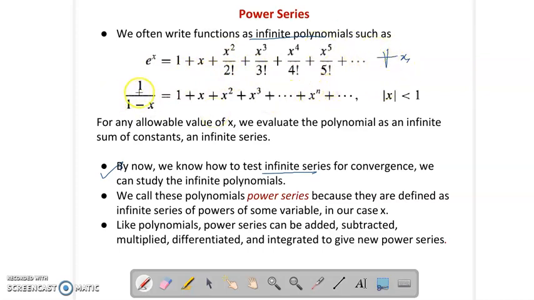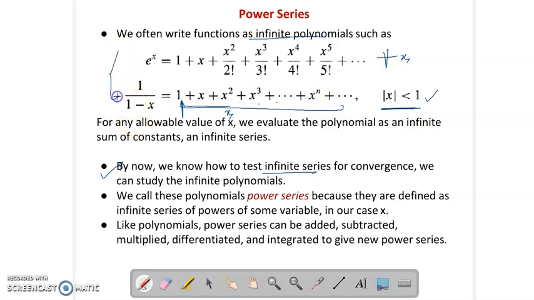Likewise, this function 1 upon 1 minus x can be represented by this power series, but here we have the condition that mod of x should be less than 1, because this is just a geometric series with common ratio x, first term 1. So this series will converge if mod of x, that is the mod of common ratio, is strictly less than 1, and it will converge to the sum a upon 1 minus r, that is 1 upon 1 minus x, right?